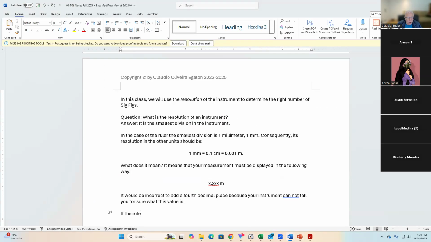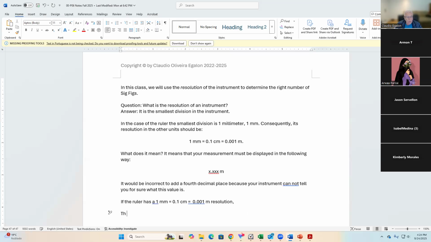If the ruler has a 1 millimeter resolution, which is equal to 0.1 centimeter, which is equal to 0.001 meter, the vernier caliper has a better resolution, which is 0.1 millimeters, right?